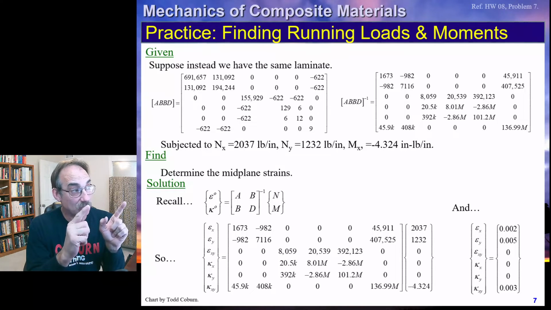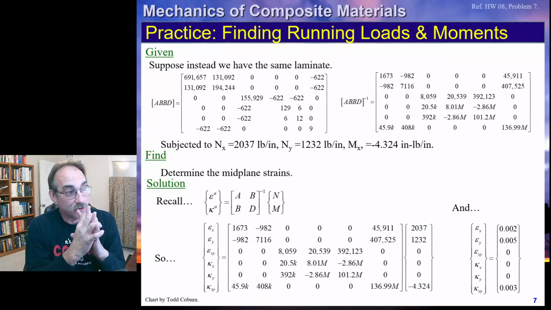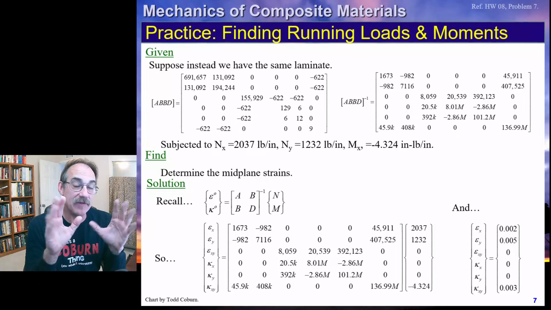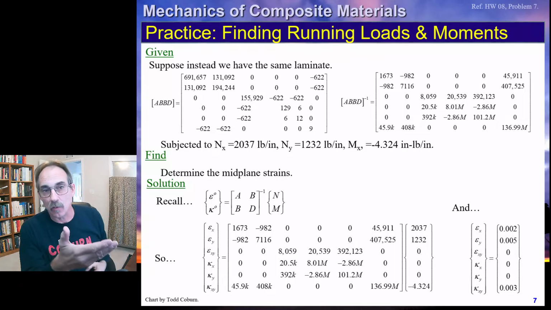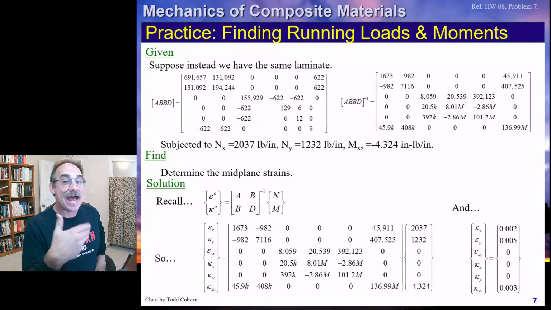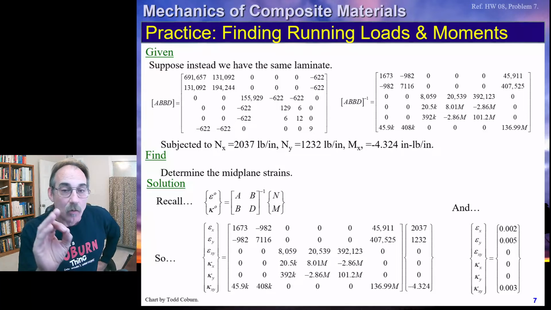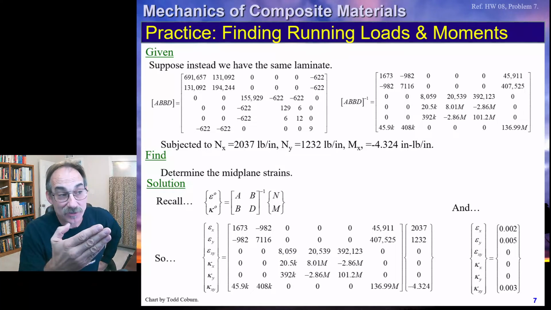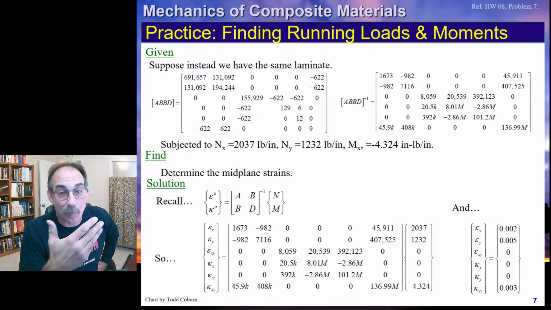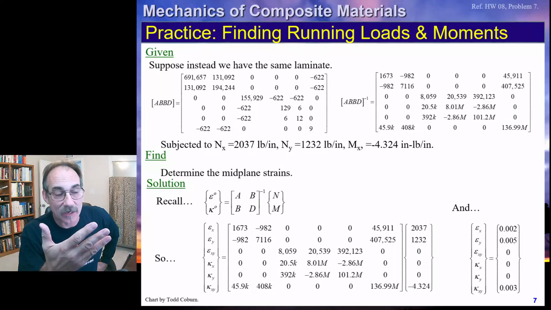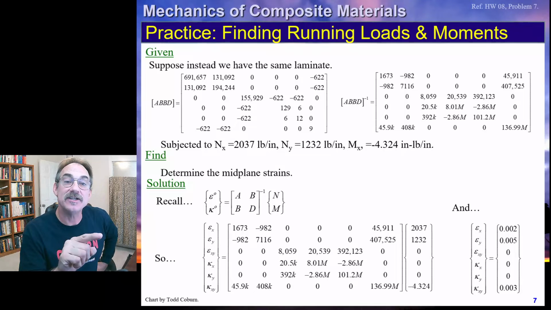Now, once again, don't forget, it's more common to be given running loads or to calculate running loads and then to go and calculate the midplane strains. Now, as I said before, we're generally not going to stop with midplane strains of the laminate. We generally don't have allowables for midplane strains for the laminate. What we need to turn these into is the lamina stresses.